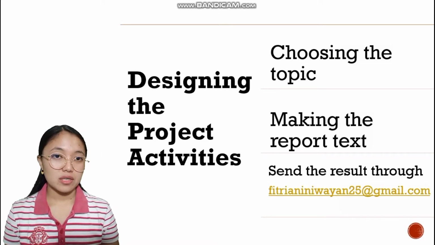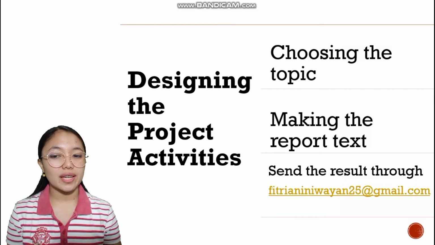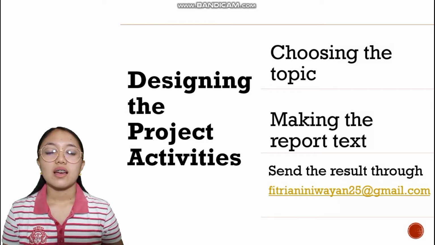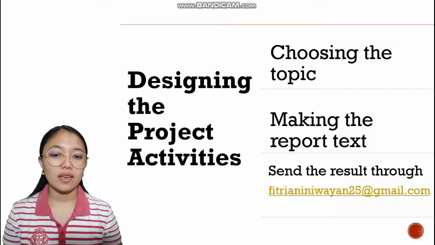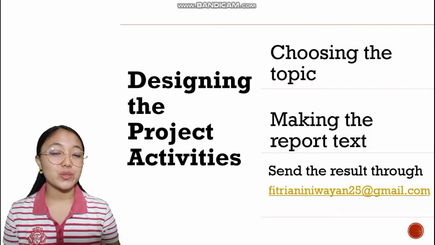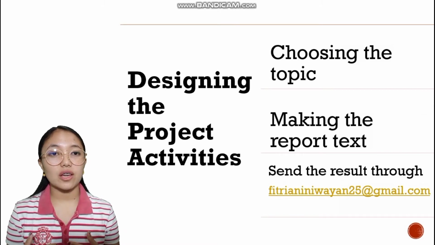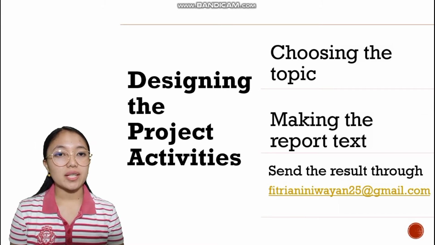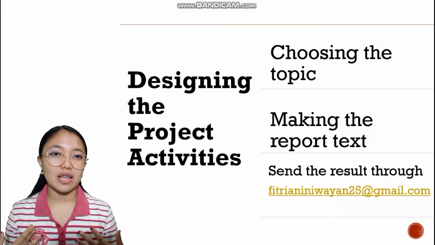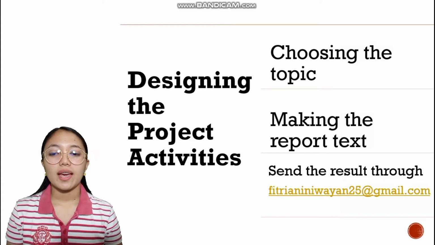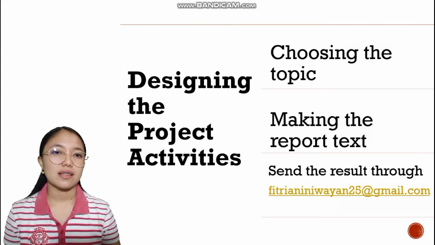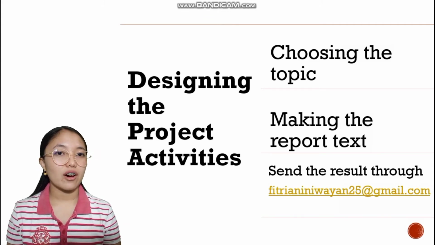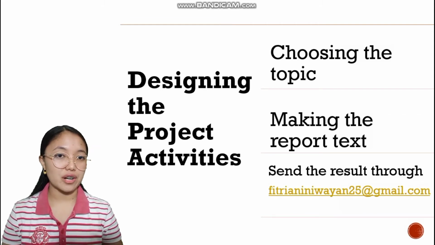In these steps, what you have to do is, the first is choosing the topic. You have to choose the topic that you want based on the topics that I will give to you. And the next is making the report text.